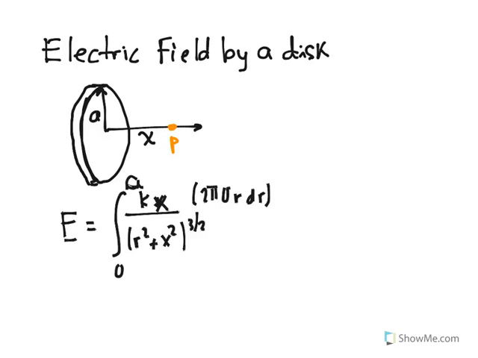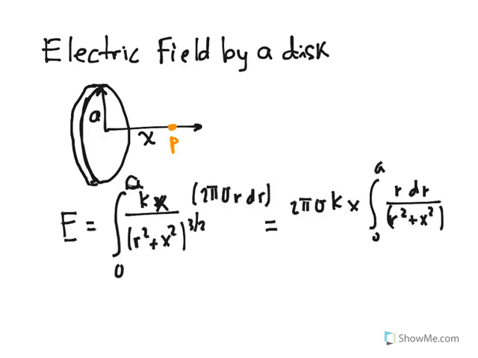This integral is simple, because we can extract a lot of constants: 2 pi sigma, k, and x are all constant. There is going to be an integral from 0 to a of r dr over r squared plus x squared to the 3/2. And we can integrate this by substitution.